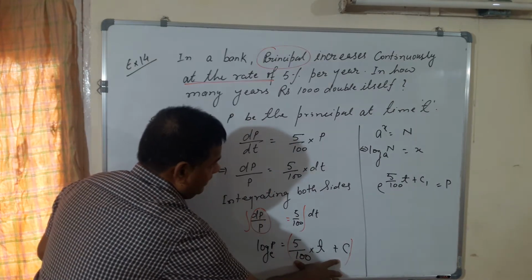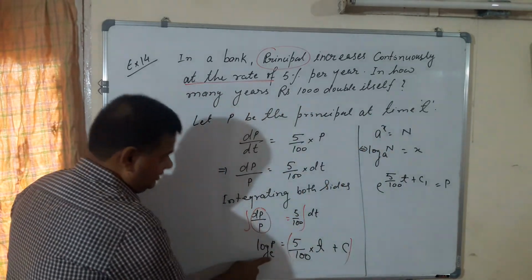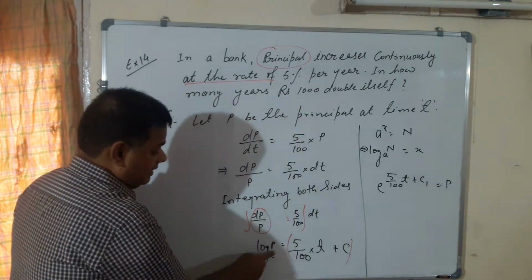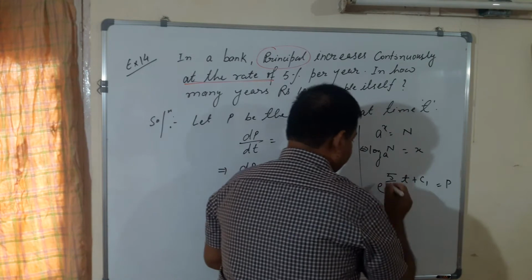Suppose this whole is x, so it becomes a raised to the power x, here e raised to the power x, and n is your P.